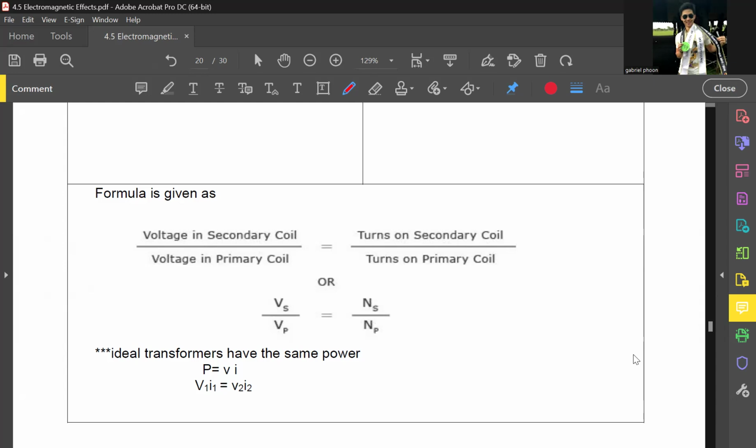You're supposed to select two coils to make the transformer, either two of P, Q, R, S or T. How do I know which one? Very good question. You need to find the voltage in the secondary coil and the voltage in the primary coil. Very good, you need to think about it.